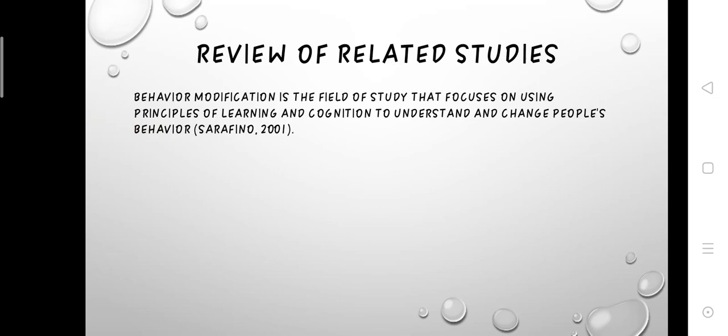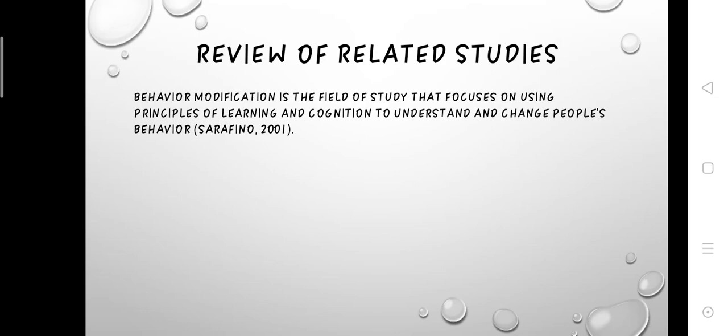As in the review of related studies, behavior modification is the field of study that focuses on using principles of learning and cognition to understand and change people's behavior. That is according to Sarafino 2001.